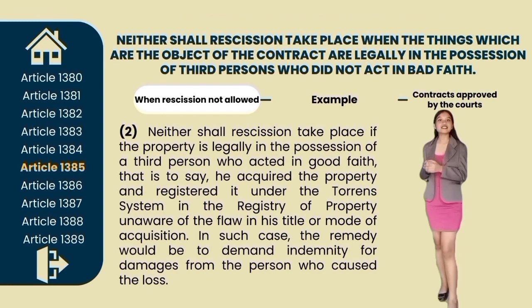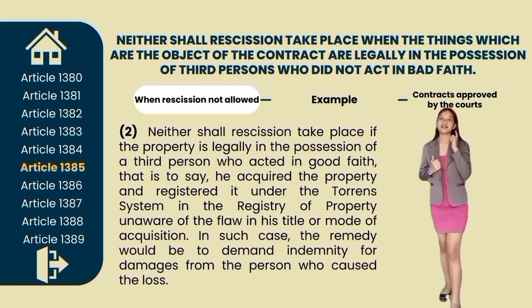There's an exception in the second paragraph. If the things are legally in the possession of a third person who did not act in bad faith, so it means in good faith, you cannot get that thing from the third person. Take note that there are requirements.